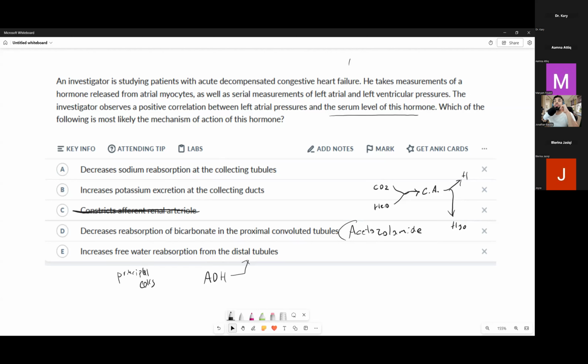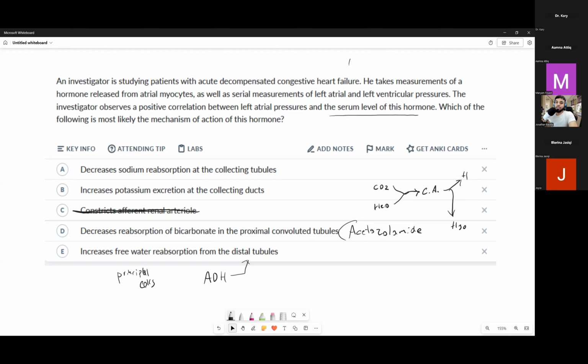You'll see that this is one of those peptide types of hormones that are kind of tricky because it has many different mechanisms. I remember calcitriol. No, it was calcitonin that has a couple of mechanisms that all contribute to the same action.